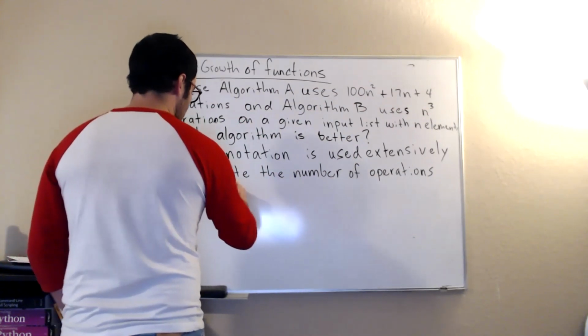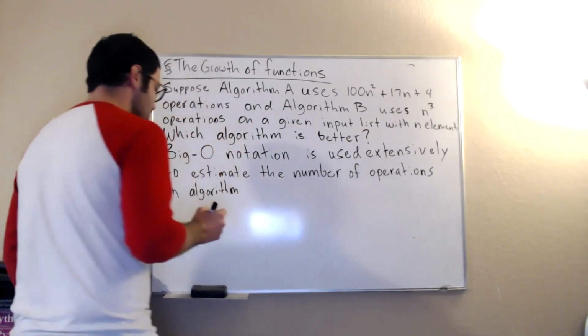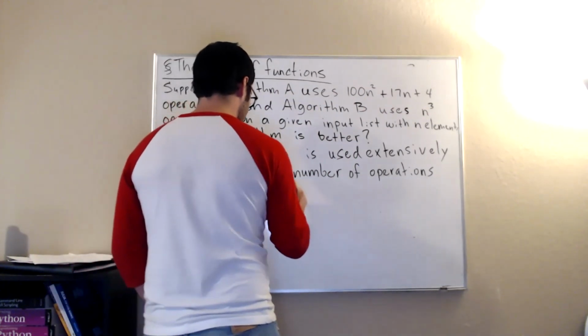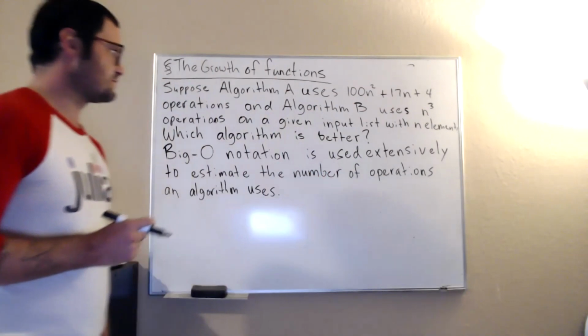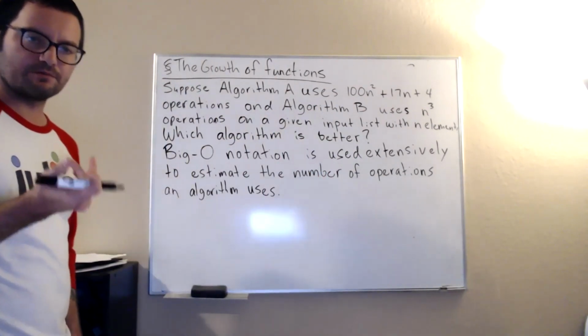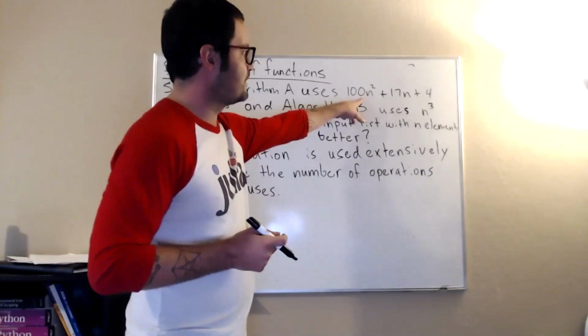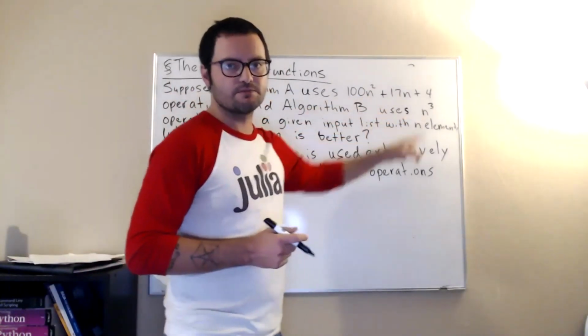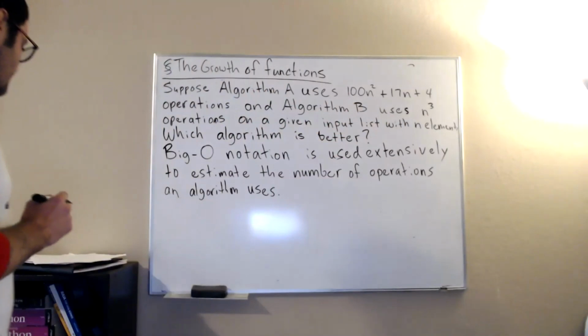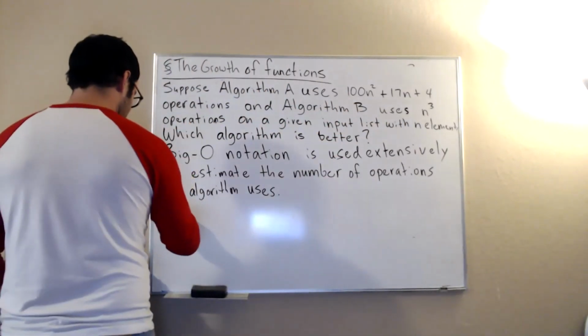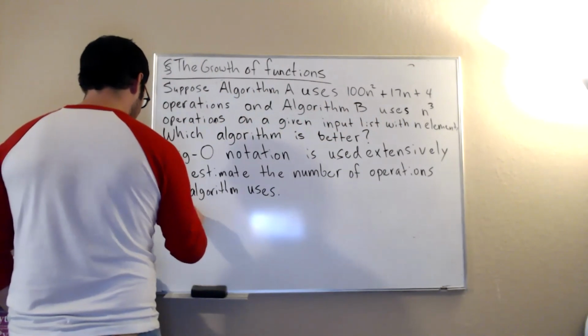Okay, so this notation that we're going to introduce is going to, in a sense, give some interpretation behind what it means to use that many operations versus what it means to use this many operations. Okay, so that leads us to the definition. So let's go ahead and define this notation now.